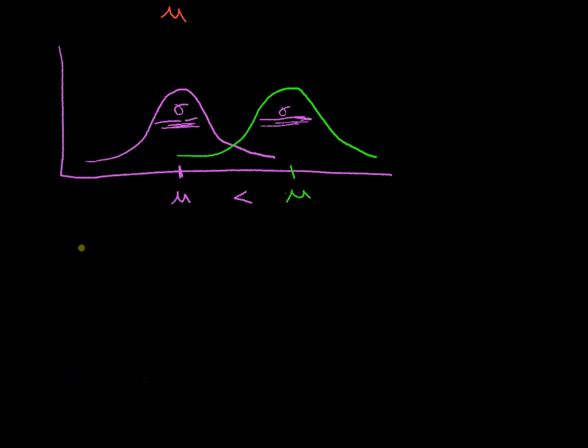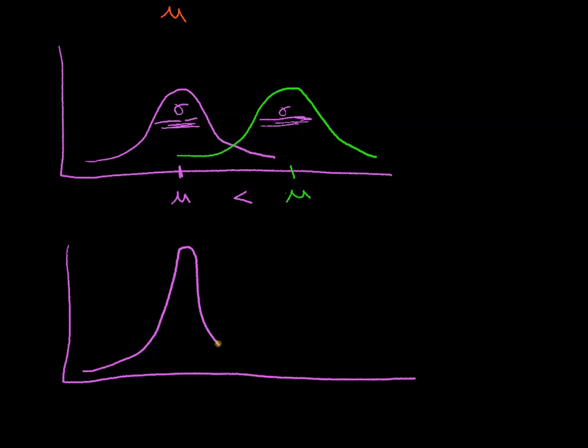One more example. Say we have two curves that look like this. Say the first curve looks like this, and the second curve looks like this. Do these curves have the same mean? No, the green mean is still more than the purple mean.